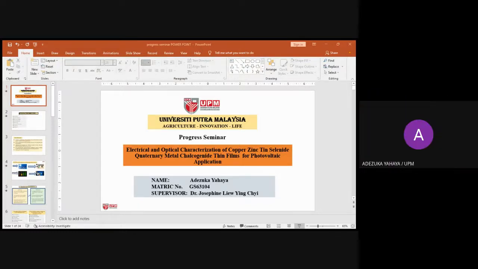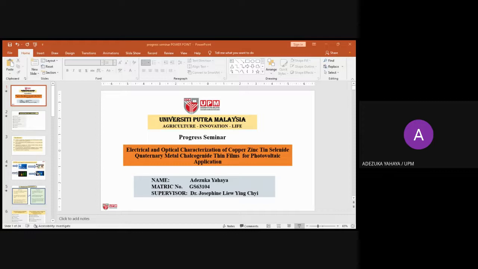So this is the outline of the presentation. The introduction, problem statement, objectives of study, methodology, results and discussion, conclusion and references. In the introduction, my compound CZTSe is a quaternary chalcogenide P-type semiconductor material suitable for photovoltaic application.